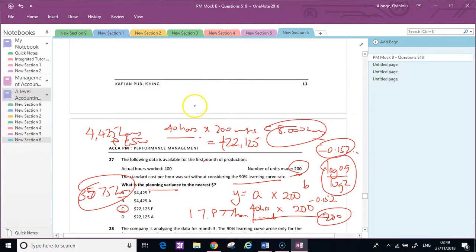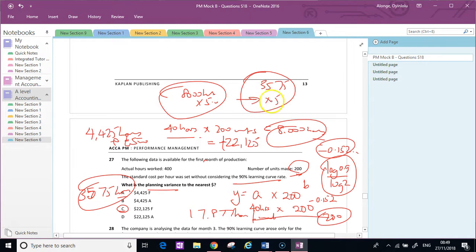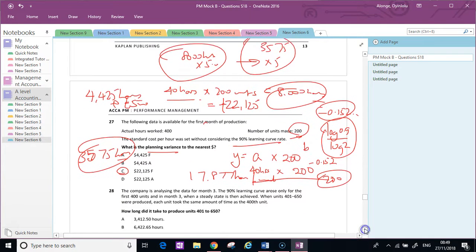So you would have thought it would take you 8,000 hours times £5. This is what you were thinking you were going to spend, but unfortunately you would only have spent 3,575 hours times 5. So you have a favorable variance. You've spent less because you were unaware of that learning curve potential. So that means it's favorable.